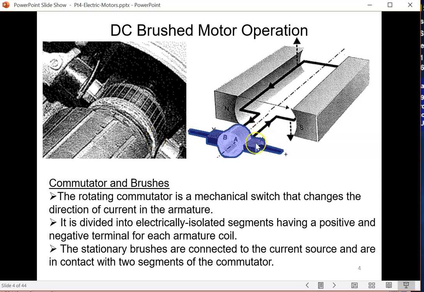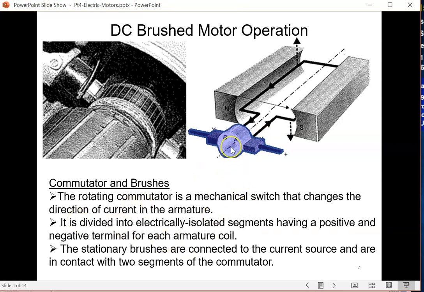But the brush itself is problematic because there has to be contact. The brush has to be in close contact with the commutators. So one of the problems is that it wears off because of friction, but also you're changing the direction of the current as they rotate and get into contact.